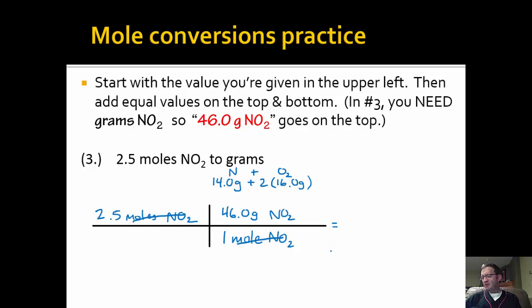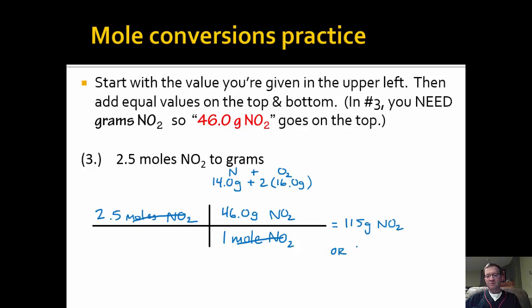Now, on number 3, when you multiply, the calculator is going to tell you 115 grams of NO2. And that's an okay answer. But if you're real good at significant figures, and you think back to when we did significant figures to start the year, you know that by multiplying 2.5 times 46.0, the 1 on the bottom is sort of a constant, so you don't need to think about having significant figures down there. But 2.5 moles times 46 grams, we would only be able to have 2 significant figures in our answer.